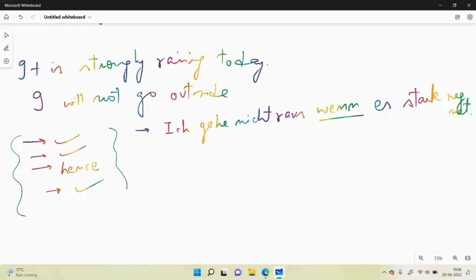Okay, so do you see the difference? In English, I will not go outside: the verb remains at the same place and outside is at the last place. However, when we are using when, then the verb will be pushed to the end, right? This is just an arbitrary comparison between English and German. I will give more examples right away.